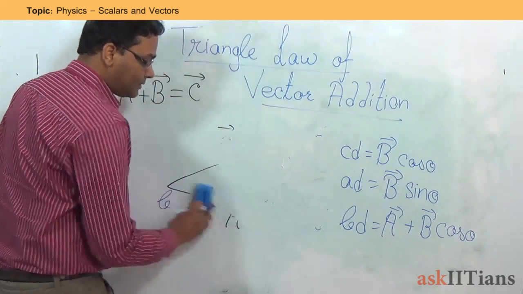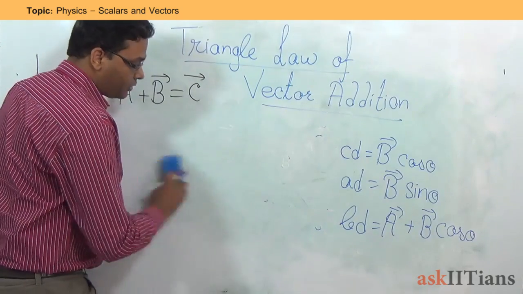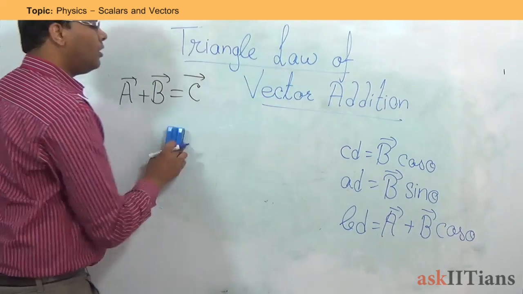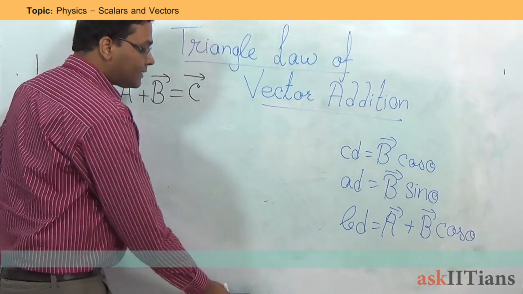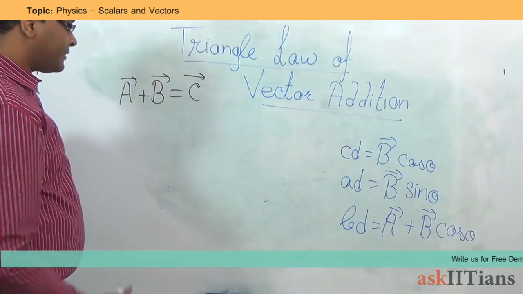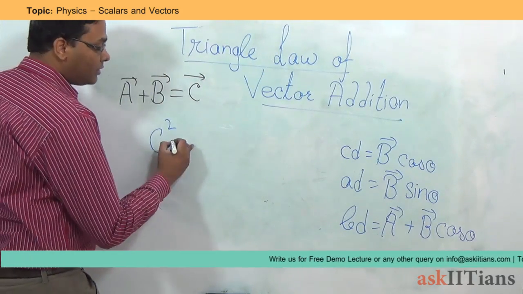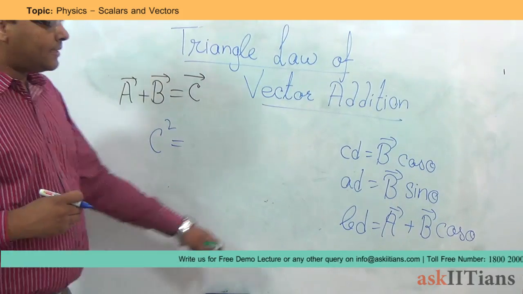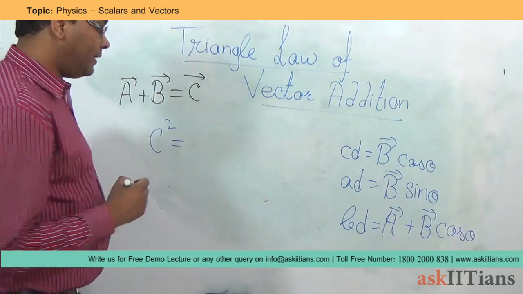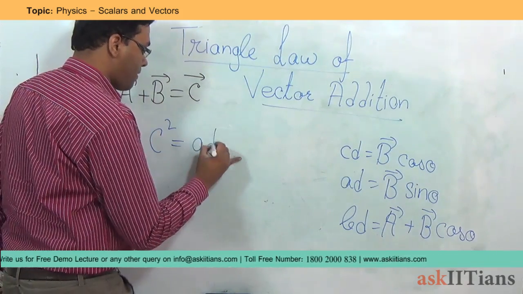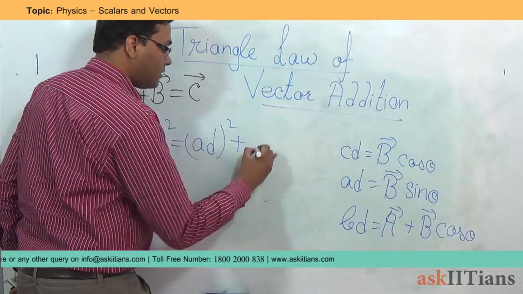So removing this, hopefully you will have taken a note of it. So as a result, what will we get? The net result C, I can simply say using the Pythagoras theorem, C square is equal to AD square plus BD square. Right?